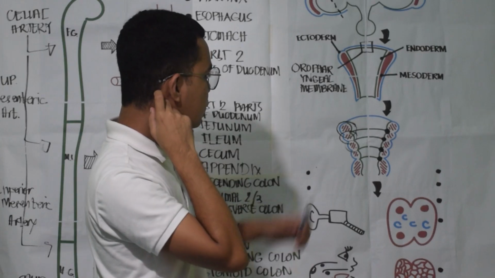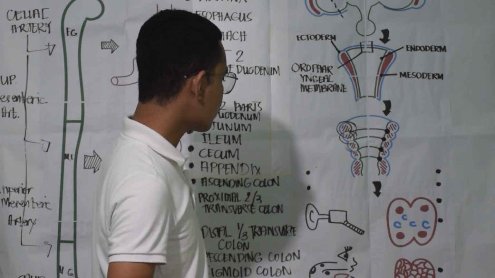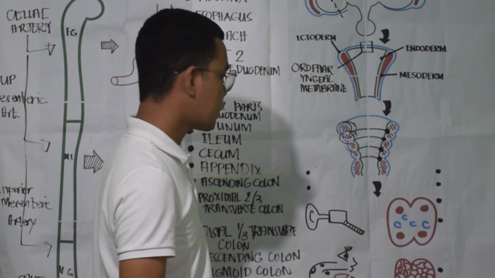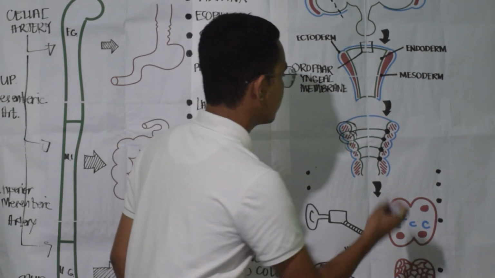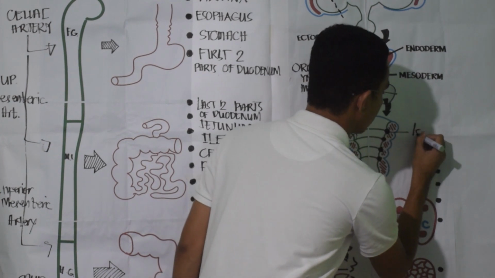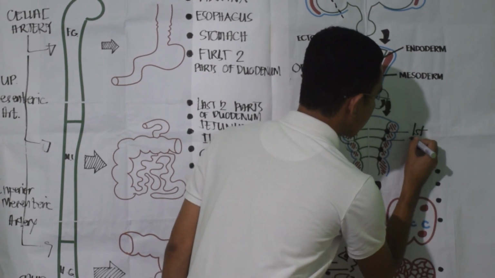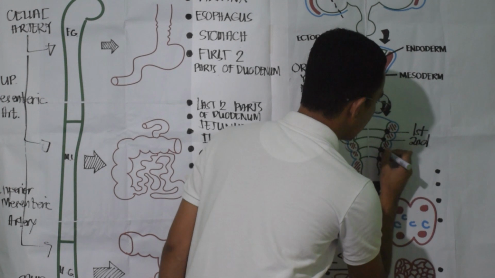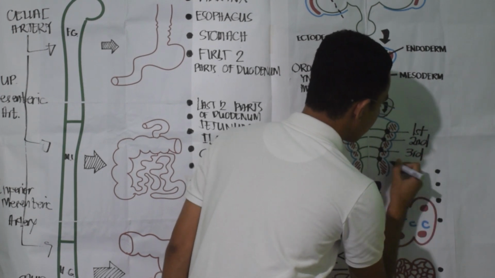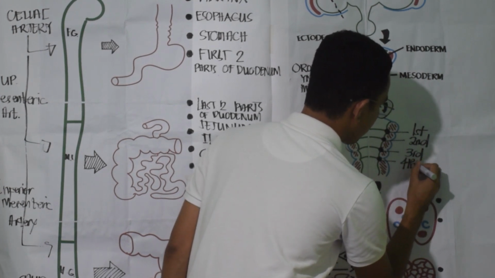These pharyngeal pouches will give rise to the structures that we will be discussing later. So here's the first pharyngeal pouch, second pharyngeal pouch, third pharyngeal pouch, and your fourth pharyngeal pouch.